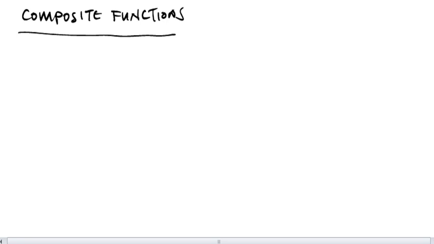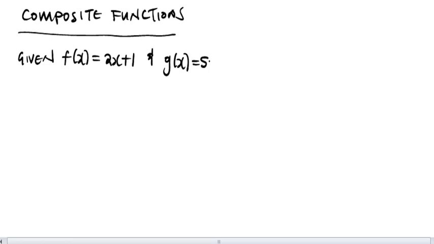Let's say you have f of x to be 2x plus 1 and g of x to be 5x minus 1. So suppose you have these types of functions, then you are asked to find that.